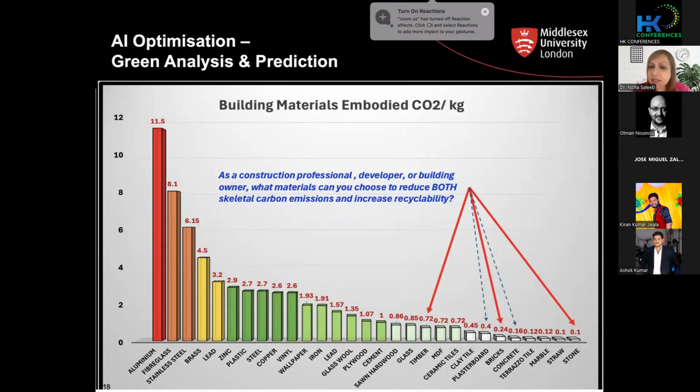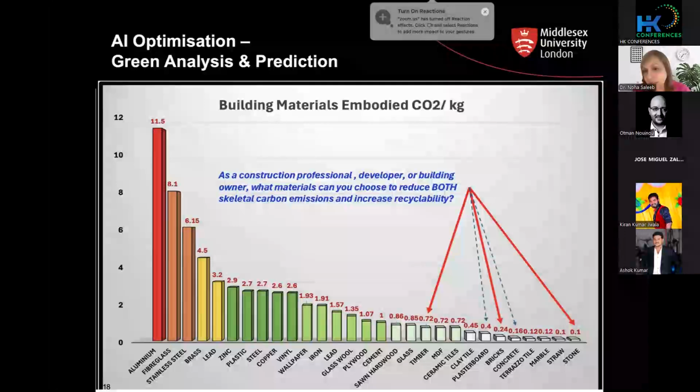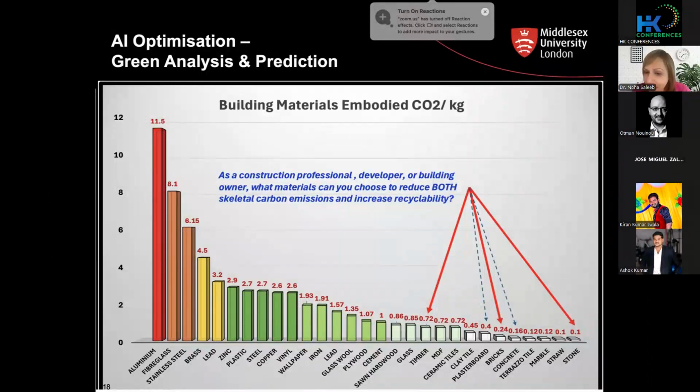If we had the flexibility to choose which materials, and we were not to replace using specific materials, can we choose the ones which are also highest in recyclability impact? So they would be both low in carbon footprint and high in circularity. Can we do that? Well, the only solution to do that was to use AI to do this analysis.